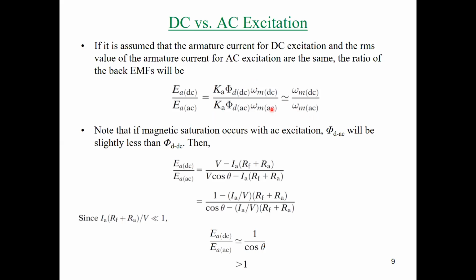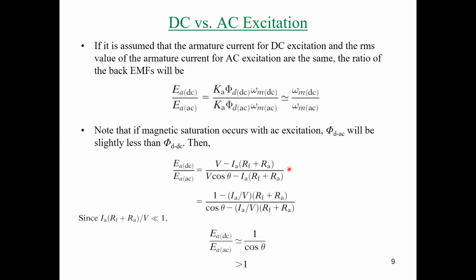This means this term can be represented by only omega m in DC, and this part by omega m in AC. So if we compare the machine at the same current, we can say E DC divided by E AC equals omega DC divided by omega AC. And this relation is important to solve problems.